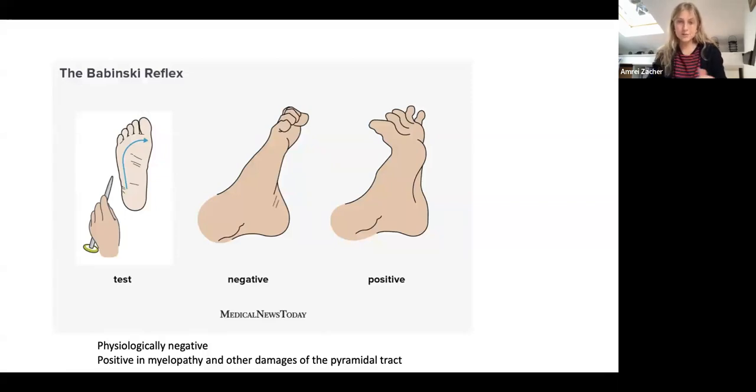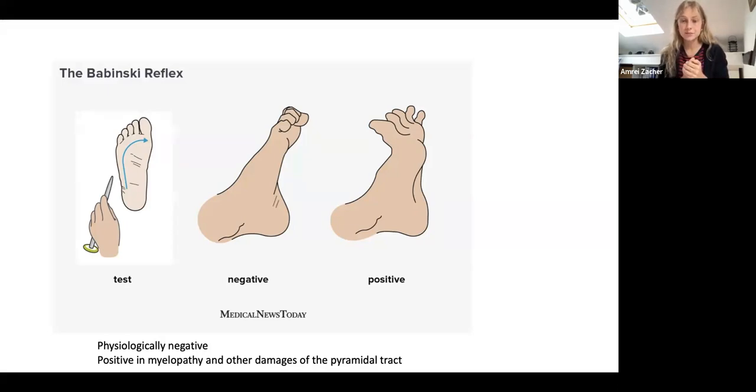It is negative if the toes do this movement, so they just go to the plantar side of the foot. And negative is good. So negative is physiological, but it is positive if your big toe does a dorsal extension and the other toes also do an extension to the sides and also to the back.